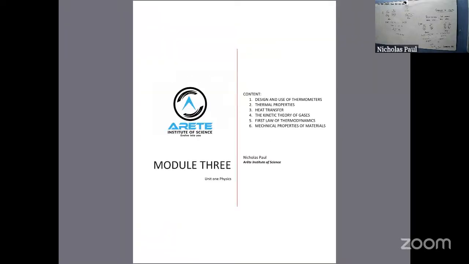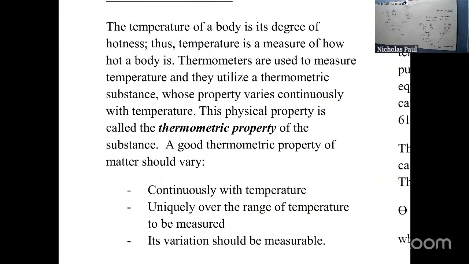All right, let's begin. So I'll run through the first set of things that we know already. There is something new here. It's called a thermometric property. Technically, we've been using it. What happens when you take a mercury in glass thermometer and place it into a hot liquid? The mercury goes up.